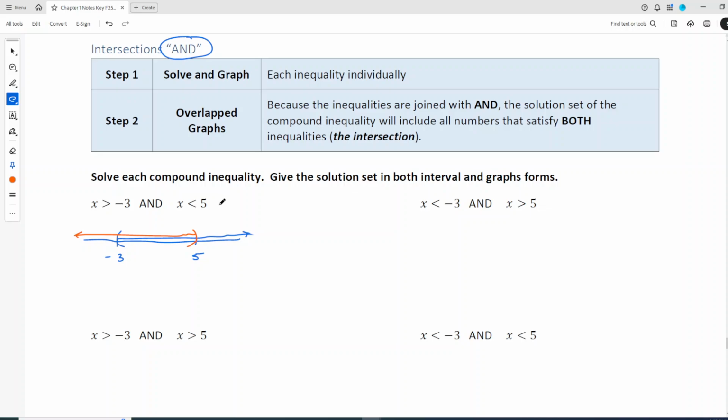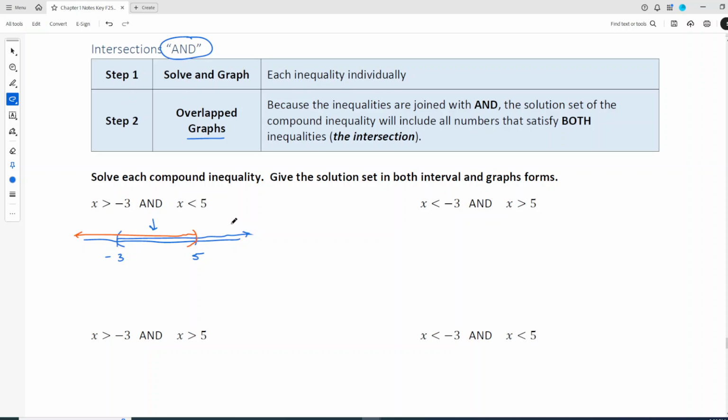Then in step number 2, because it's the word "and," the only values that satisfy both inequalities are where the graphs overlap. Over here, these numbers would only satisfy x < 5, because they're not less than 5 and greater than -3. The values in here, like 0, are greater than -3 and less than 5.